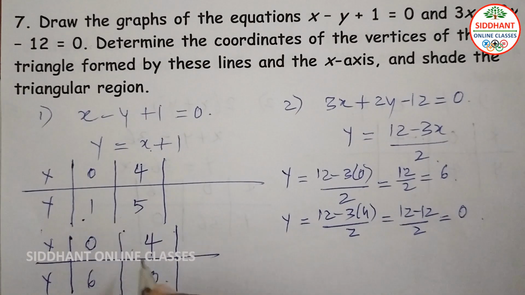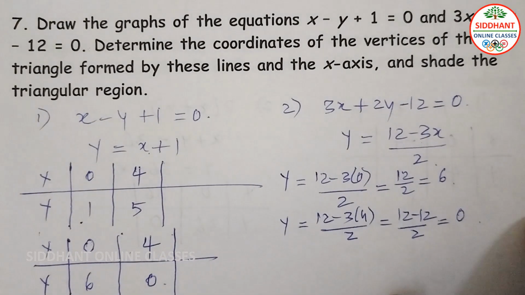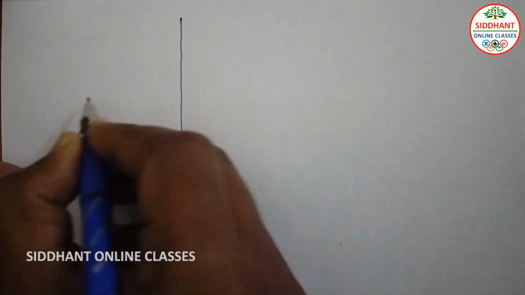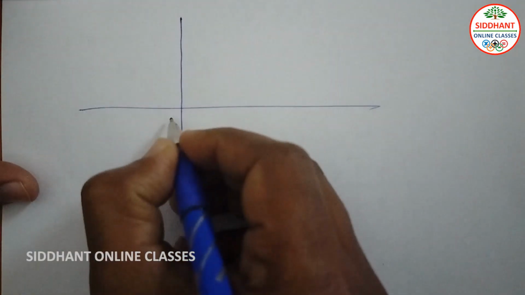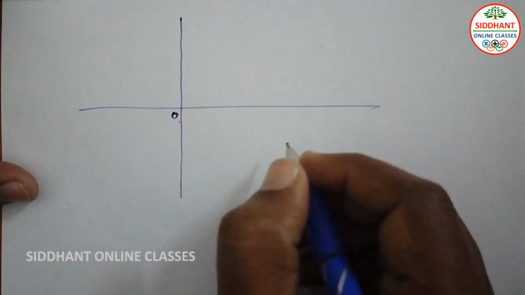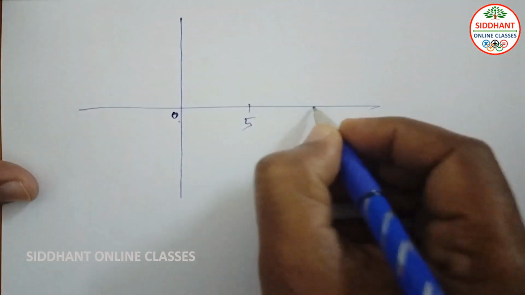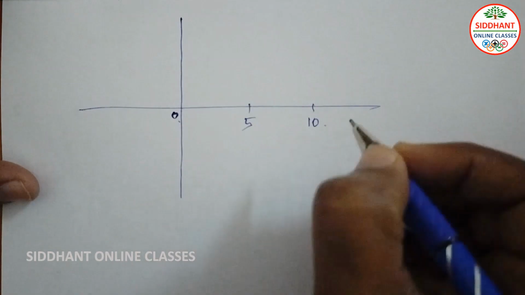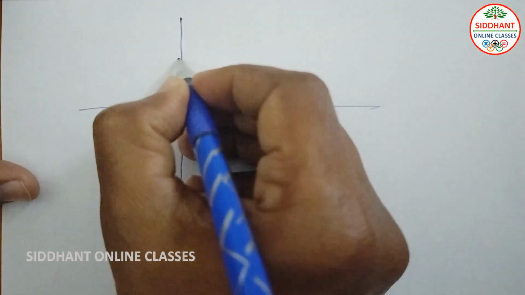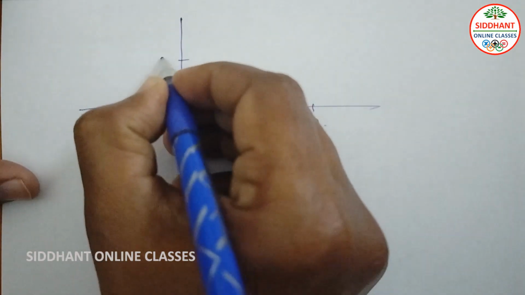Now we are going to plot in a graph. So this is 0, 5, here 10. So this will be 5.